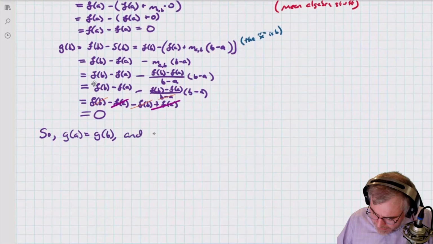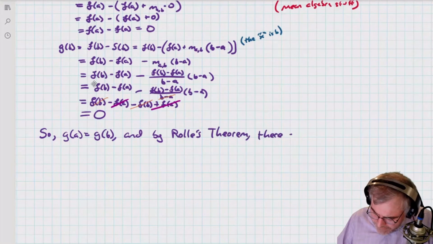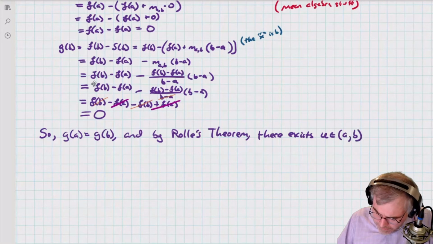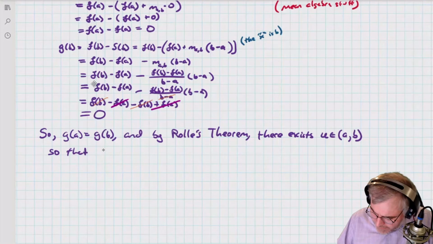By Rolle's theorem, there exists u in (a, b) so that g prime of u equals 0.